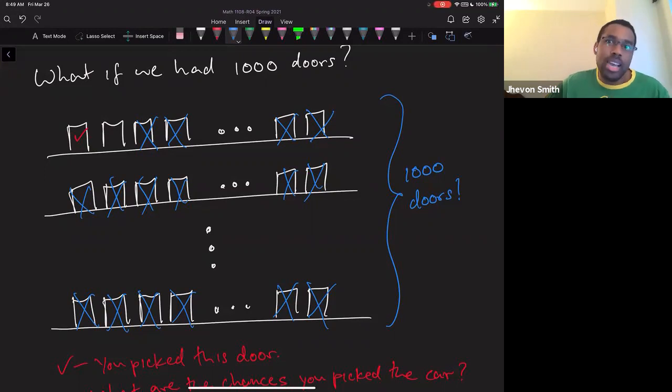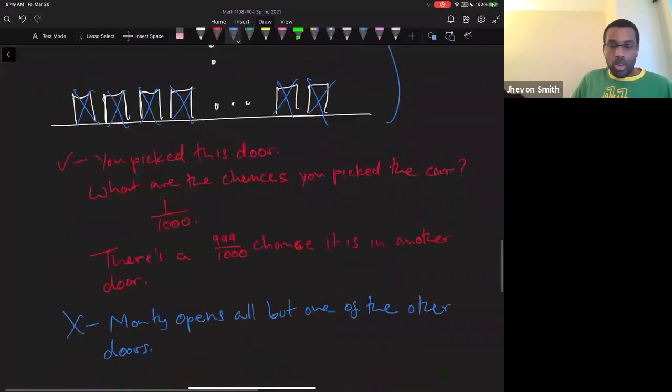There's a 999 out of 1,000 chance that it's in the other door because that's not going to change. I knew that from the very beginning. I had a 1 in 1,000 chance that it was door number 1. So chances are I was wrong, which means given the opportunity to switch, chances are I would switch to the right one.